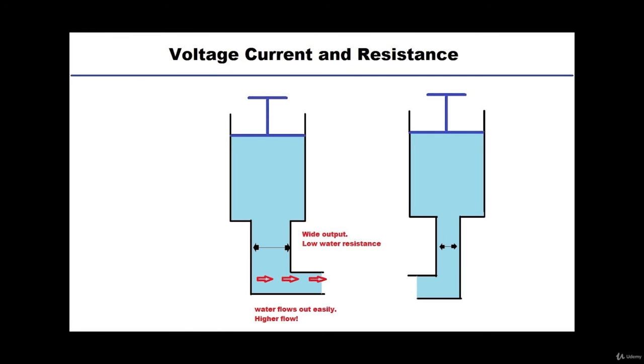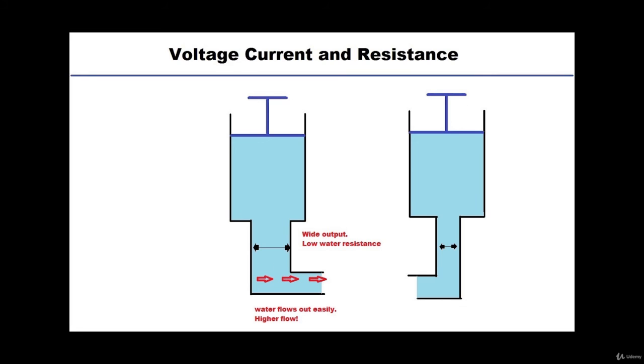Now on the left hand side, when we press the tank, we have a wide output, so we have a low resistance as we mentioned. Since we have a low resistance, the water can flow from the output more easily, and the amount of water flowing per second will be larger than the first tank.